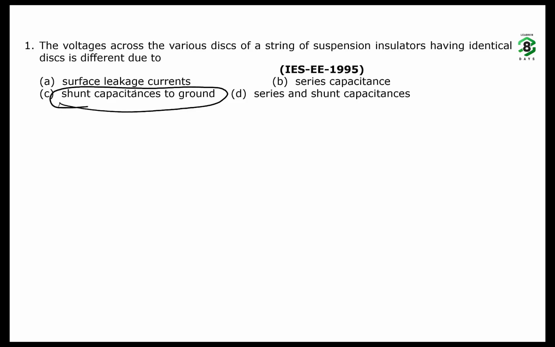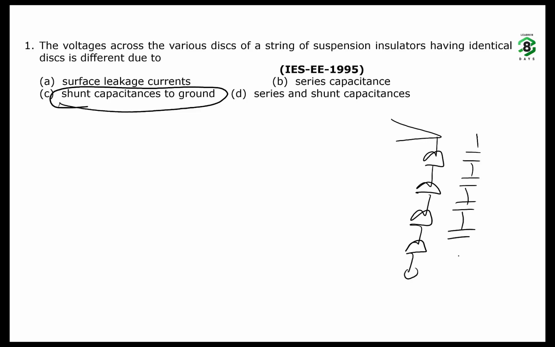Shunt capacitance to the ground. See, every disk is like this. These are series capacitances, all connected in series. Now these capacitances will become shunt capacitance between the pin junction and the ground. So the shunt capacitance is to the ground.